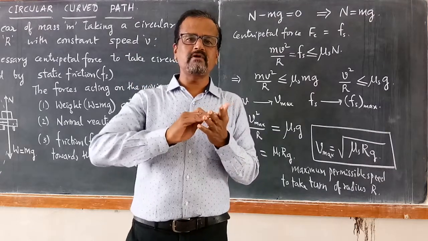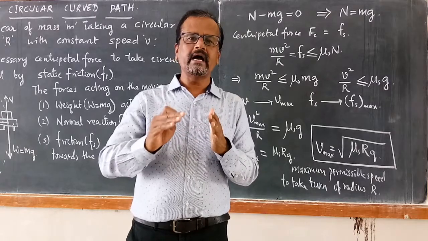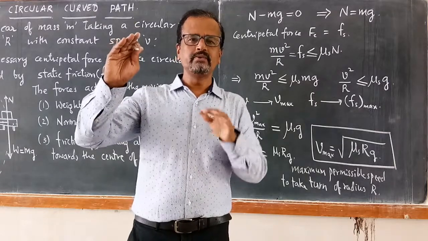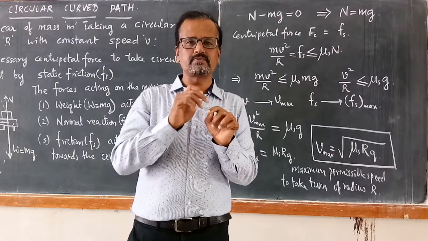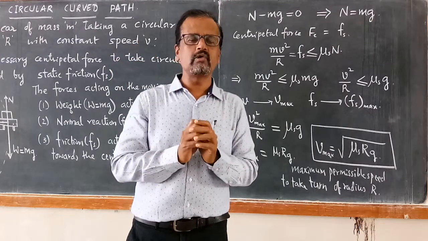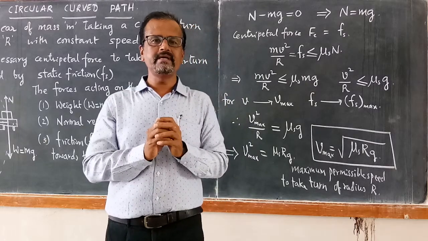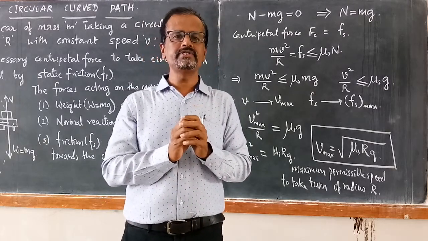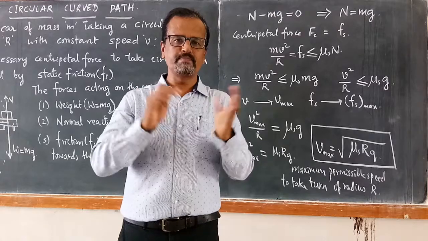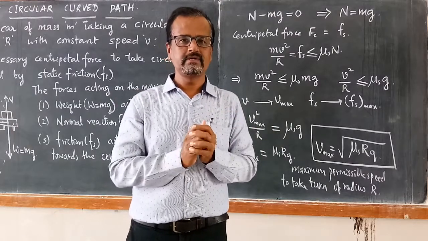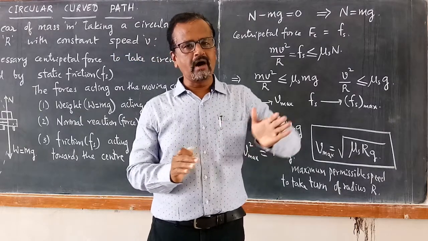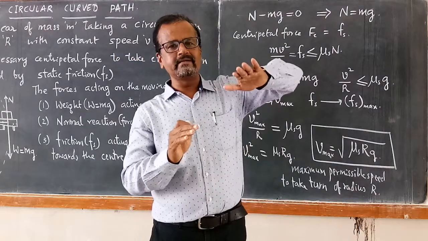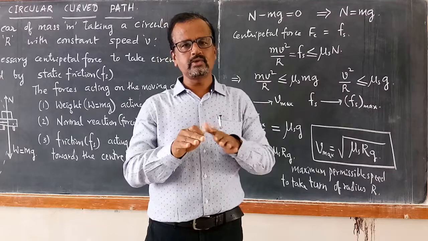So, the process of increasing the height of the outer edge with respect to inner edge with certain angle of inclination with respect to the inner edge is called as banking. B-A-N-K-I-N-G, banking of road. So this banking of road has an advantage. You must have seen wherever turns are there the outer edge of the road is little elevated than the inner edge.